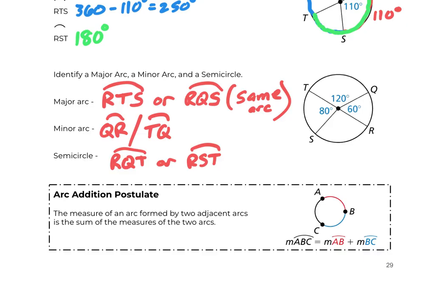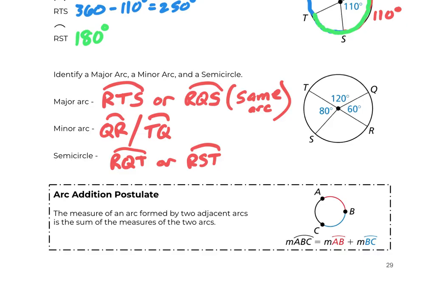Those are both semicircles because they're both 180. Those would be two different semicircles because this would be the bottom half, this one would be the top half. If you wanted to name it a different way, I could call it TSR, and I could go the opposite direction. It does not matter what letter you start with, okay? It just has to go through the same points.